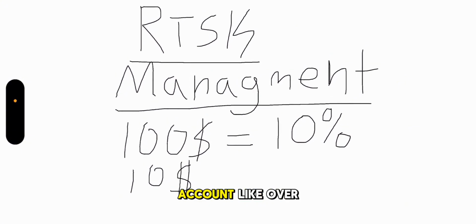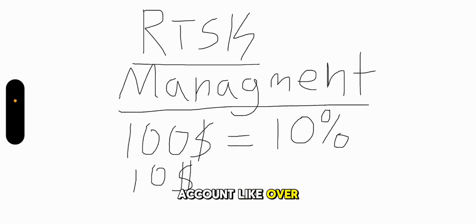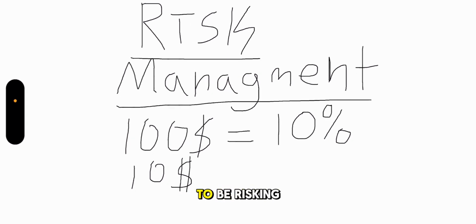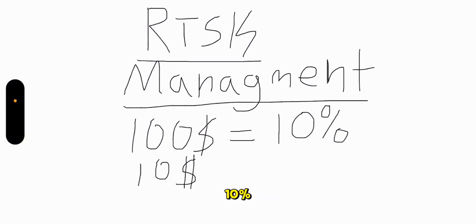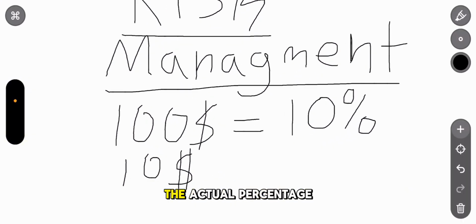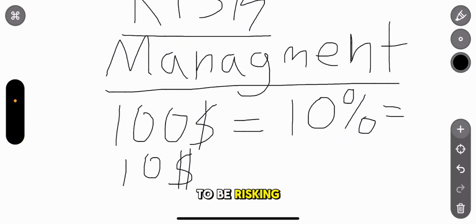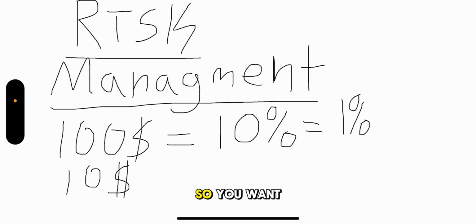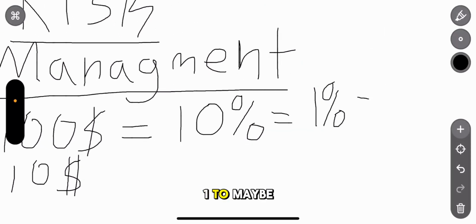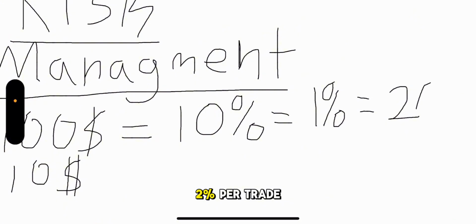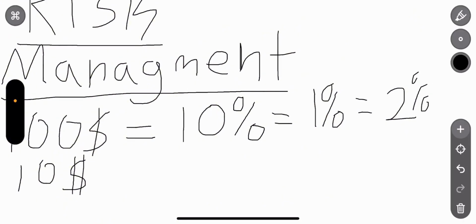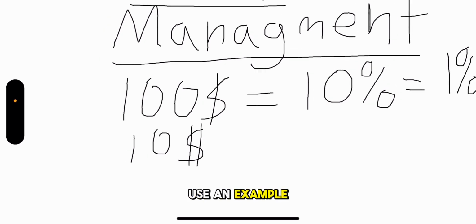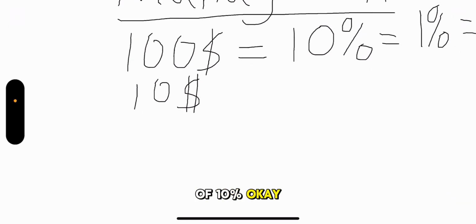Especially if you have a big account, like over 5 figures, over $10,000, you do not want to be risking 10%, all right? So the actual percentage to be risking is 1%. So you want to be risking 1 to maybe 2% per trade, right? On a regular account. But for this one, we're gonna use the example of 10%, okay?